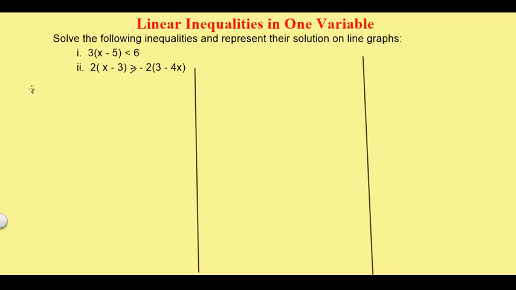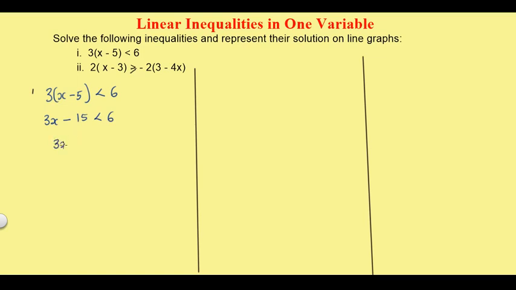So number 1, 3 open bracket x minus 5 less than 6. What we need to do is open the bracket: 3x minus 15 less than 6. Collect like terms.